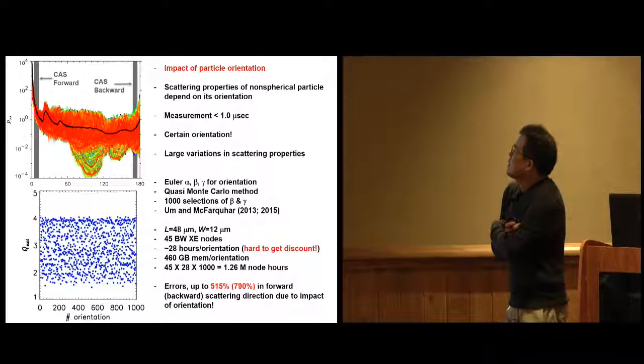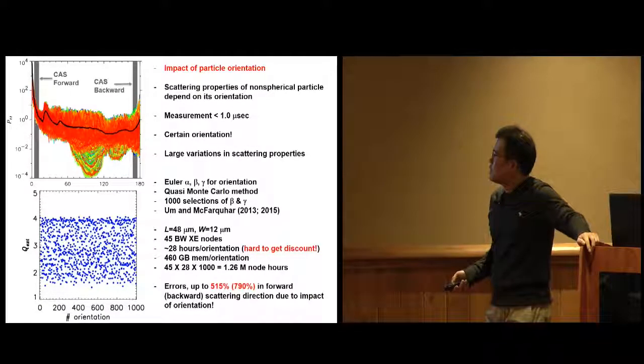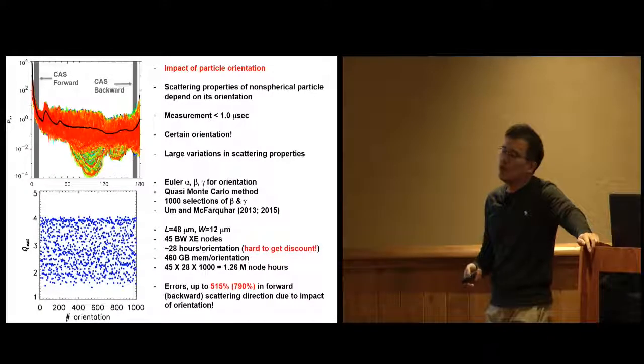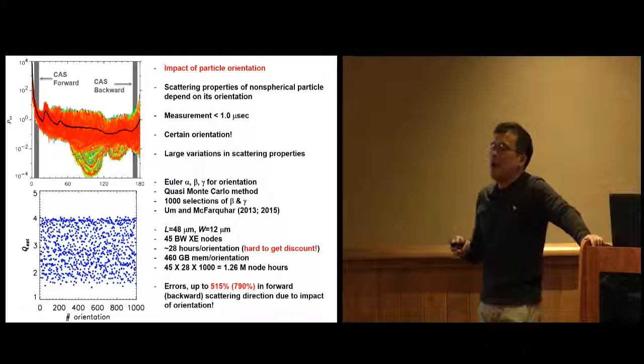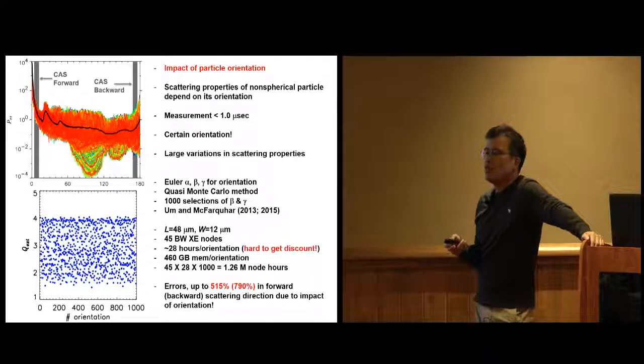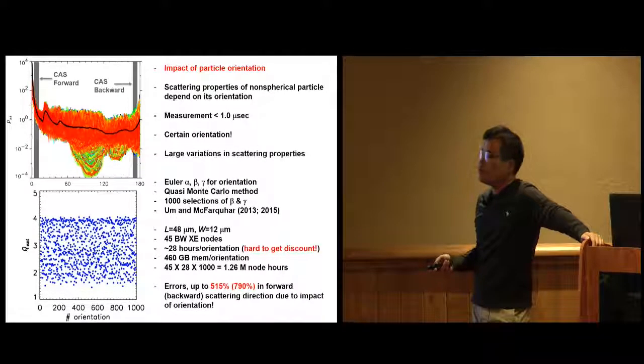Anyway, we did this calculation during the last couple of years. We have made more than 100 particle calculations, and the error due to particle orientations of non-spherical particles is much larger than what I showed before, I mean for the orientation-averaged one. It could be more than 500% in the forward direction and almost 800% in backward directions.